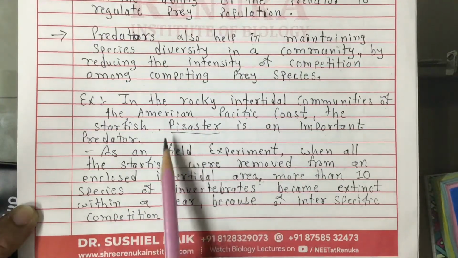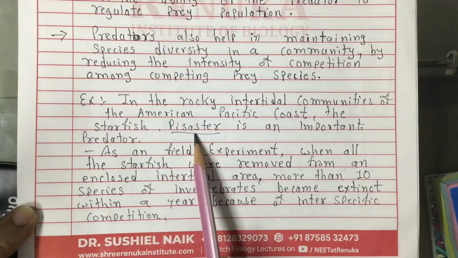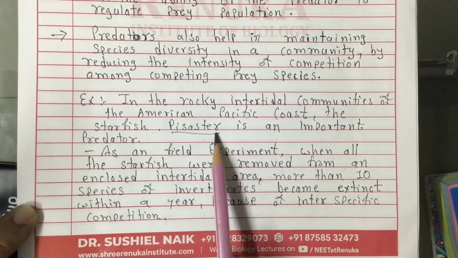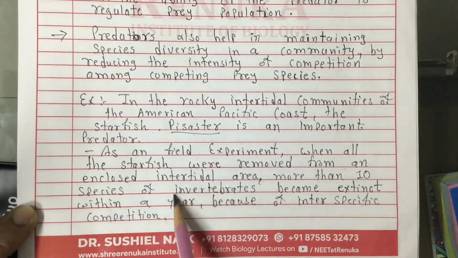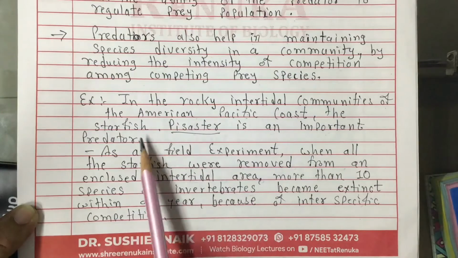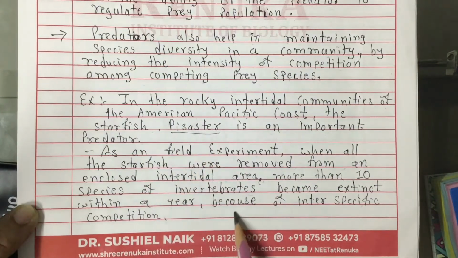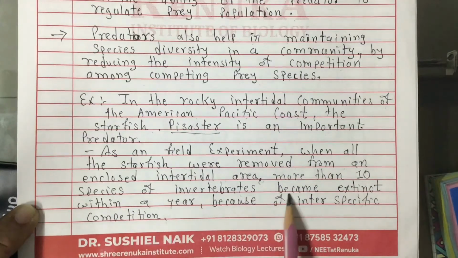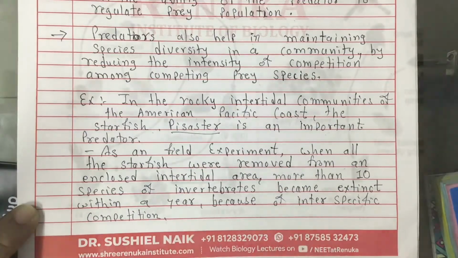So when the starfish Pisaster, the predator, was removed, which ate the invertebrates and regulated their population size or density, the competition between the invertebrates increased. We know competition always harms both organisms. And that's why, due to this harm, more than 10 species of invertebrates became extinct within a year from that region.